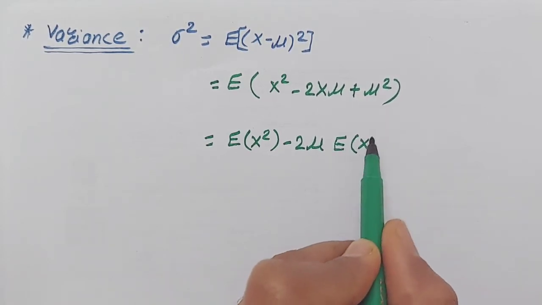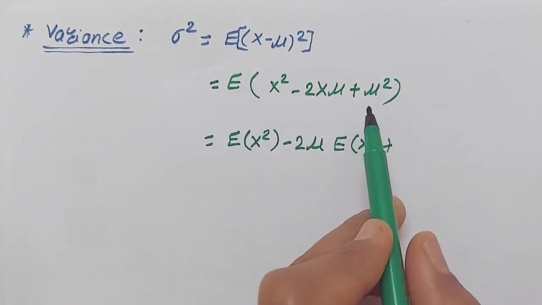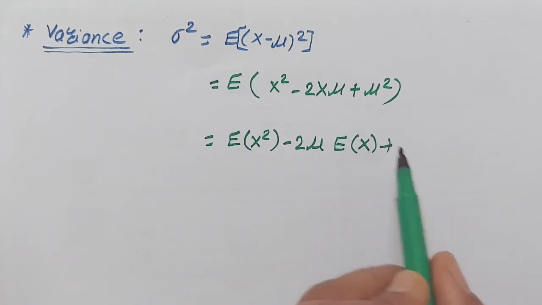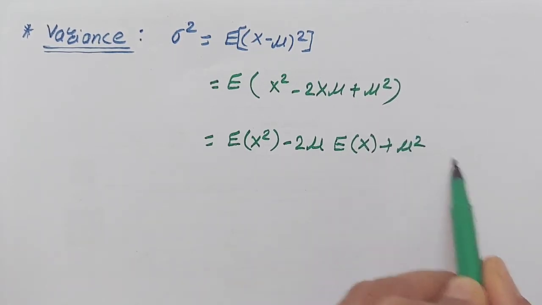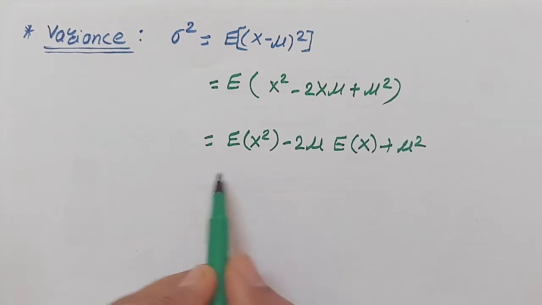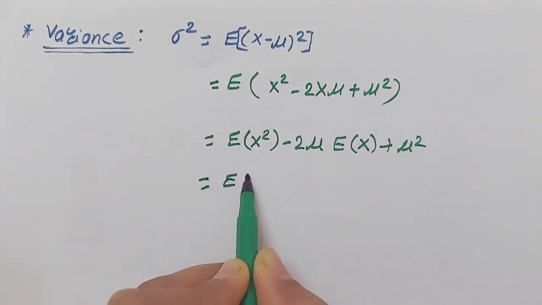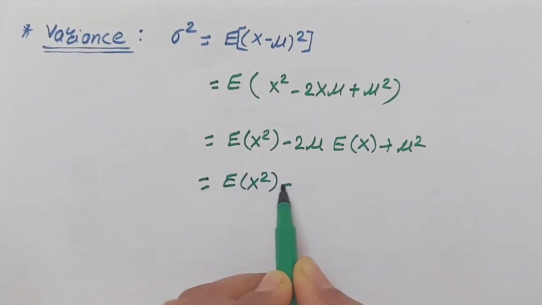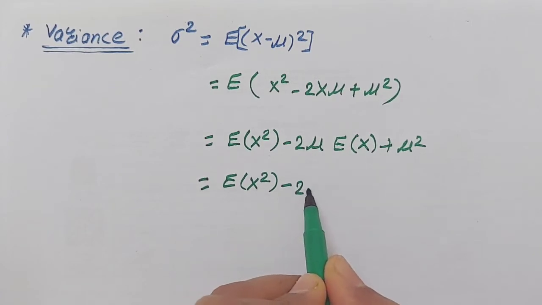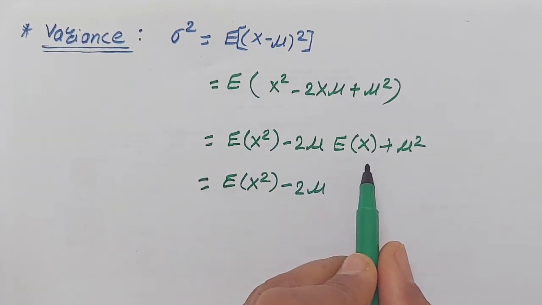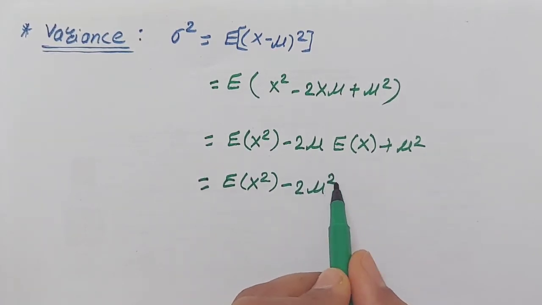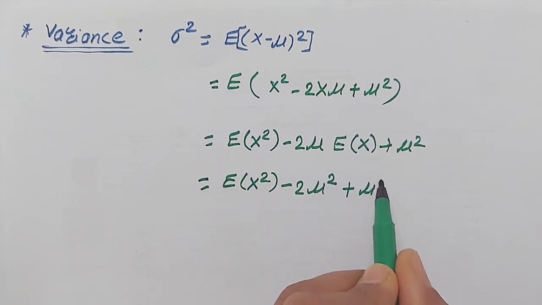Remaining is expectation of x. The last term does not contain variable x, that means this whole term mu square is a constant. So therefore it is expectation of x square minus twice mu, and expectation of x is nothing but mu, so it is mu square plus mu square.